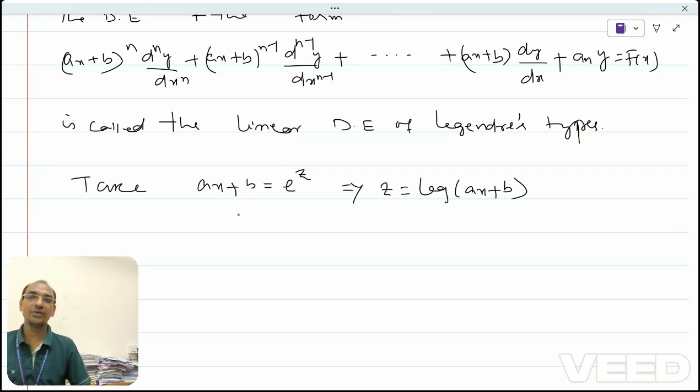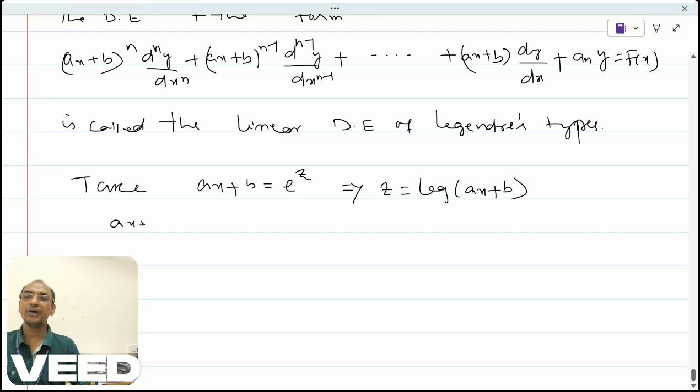Because of this transformation, wherever I have (ax plus b) D, I will take a D dash, and whenever I have (ax plus b) squared D squared, I will take a squared D dash into D dash minus 1.